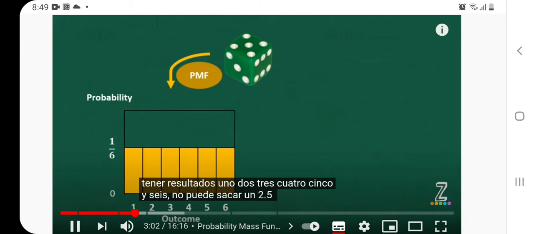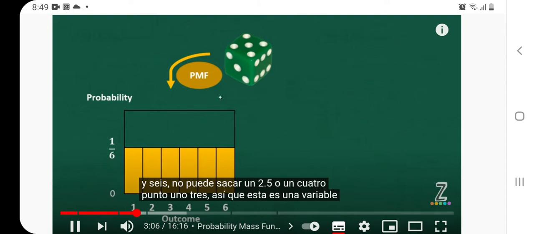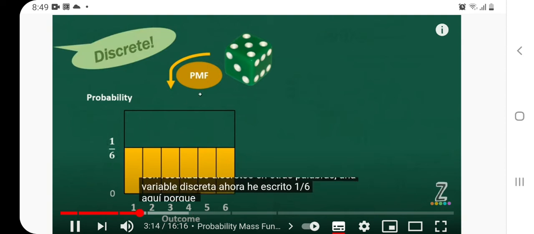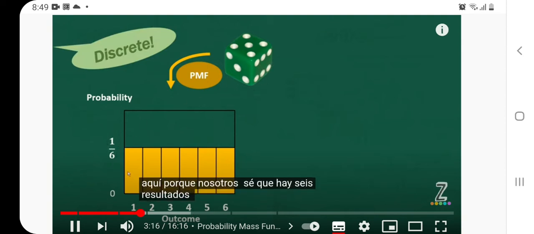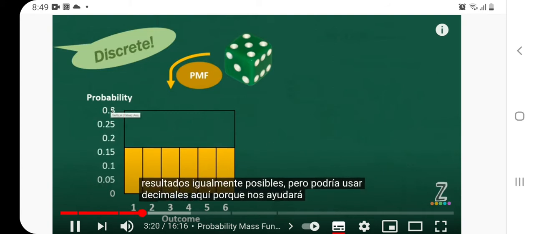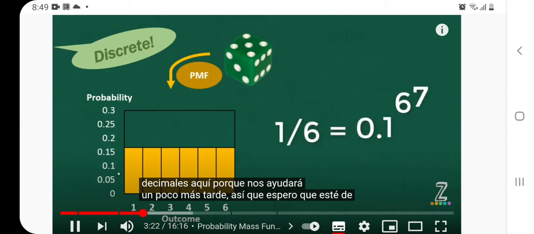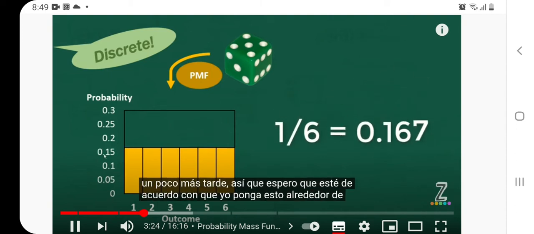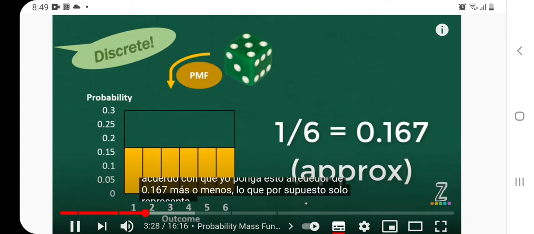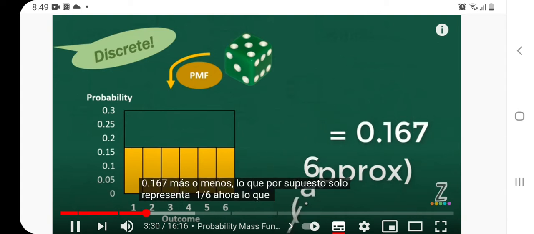You can't roll a 2.5 or a 4.13. So this is a variable with discrete outcomes. In other words, a discrete variable. Now I've written 1/6 here because we know there's 6 equally possible outcomes. But I might just use decimals here because it's going to help us a little bit later. So hopefully you're okay with me putting this at around 0.167 or so, which of course just represents 1/6.